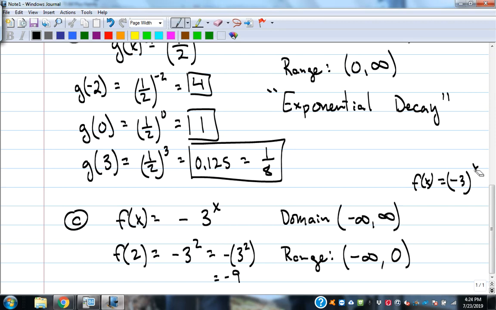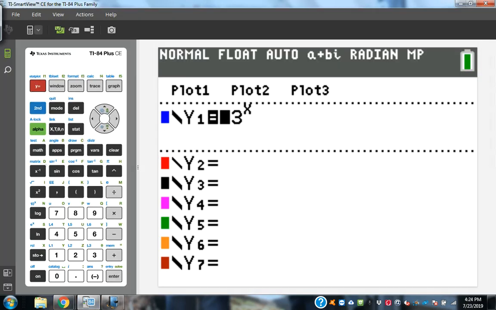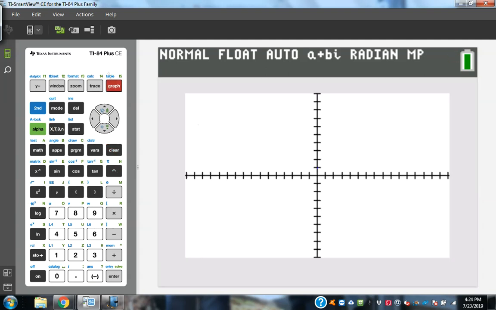Big difference in that problem, and if the function was negative 3 to the x with parentheses, those are not the same. If that's the case, some different things happen. So let's look at the graph of that. Parentheses, negative 3 raised to the x. Get the graph of that. It doesn't show up there because it's moved quite a ways away.